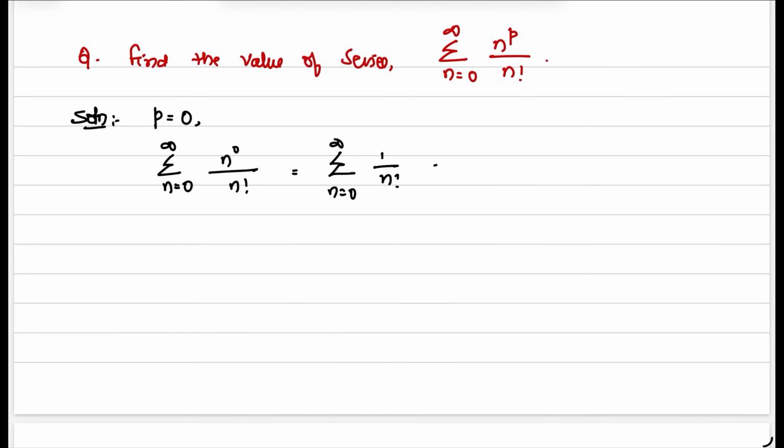That will be 1 by 0 factorial plus 1 by 1 factorial plus 1 by 2 factorial, and so on, and its value is E. This is a standard series.